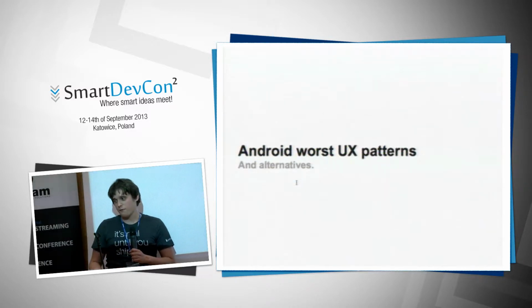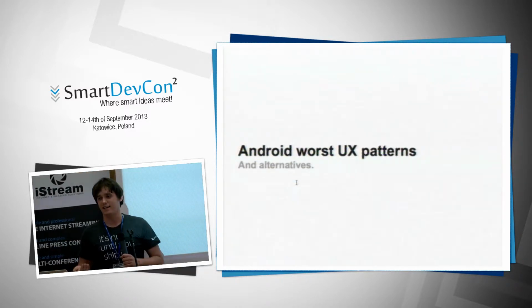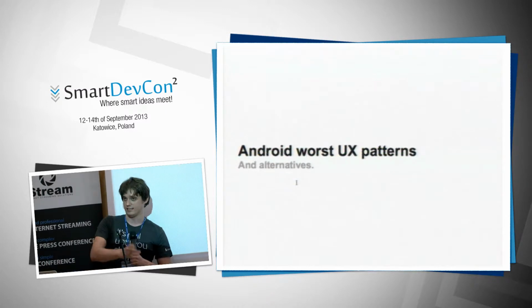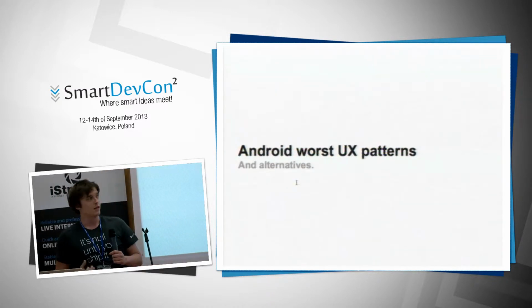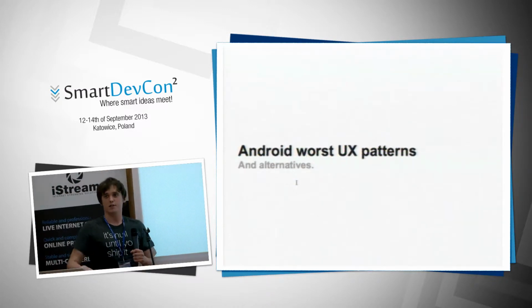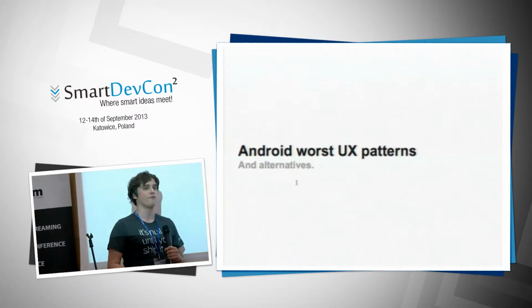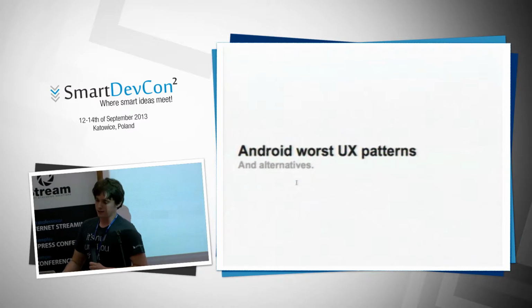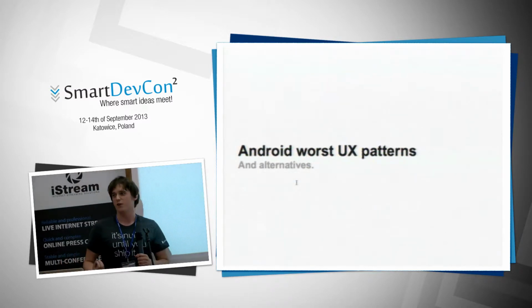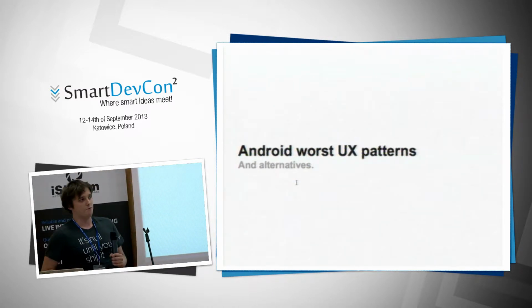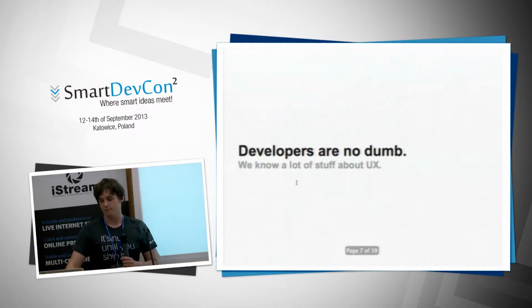So if your application is being uninstalled just after it's installed by the user, then your next user will have a harder way to find your app in the store. So, well, it's rather good to make a good first impression.